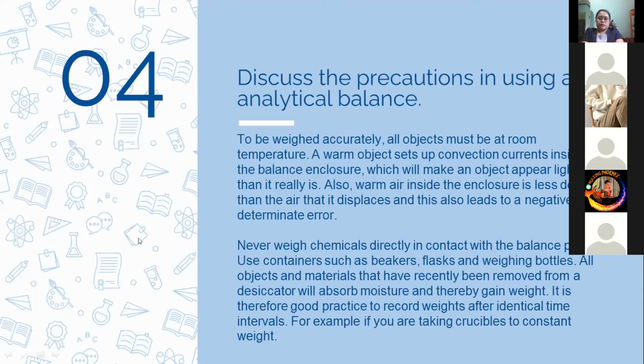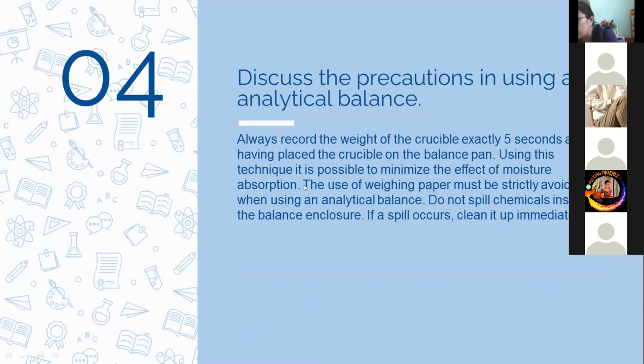All objects and materials that have recently been removed from a desiccator will absorb moisture and thereby gain weight. It is therefore good practice to record weight after identical time intervals. For example, if you're taking crucibles to constant weight, always record the weight of the crucible exactly 5 seconds after having placed the crucible on the balance pan.